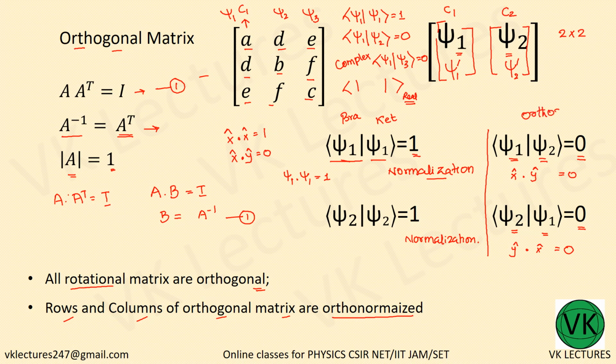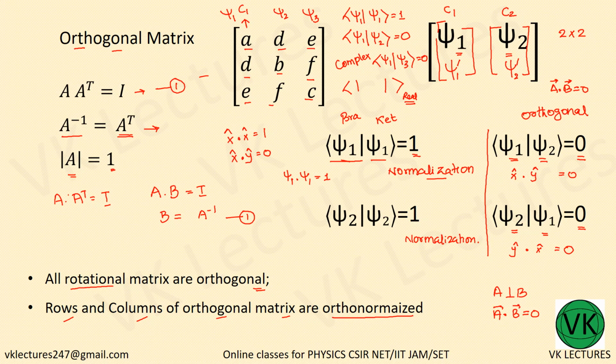Orthogonal means perpendicular. If A dot B equal to 0, we can write A and B are perpendicular. A perpendicular to B represents A dot B equal to 0.